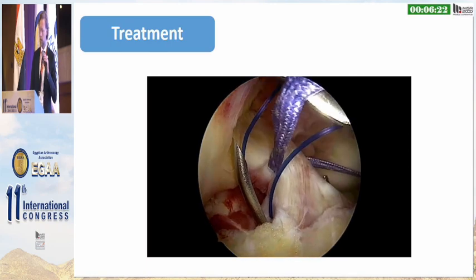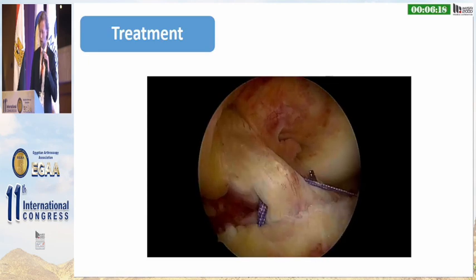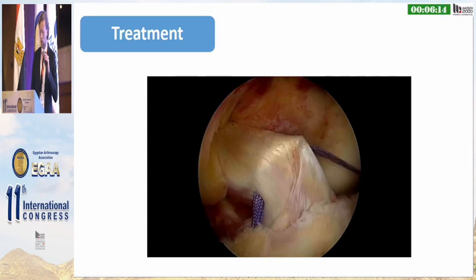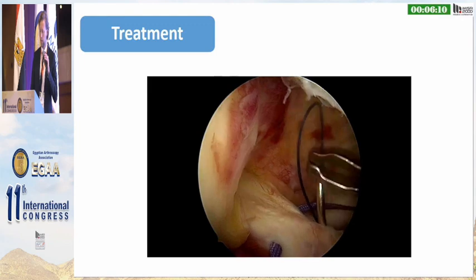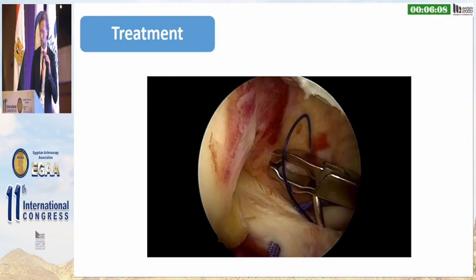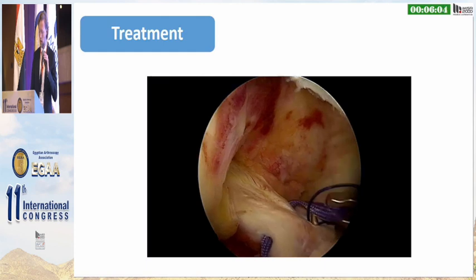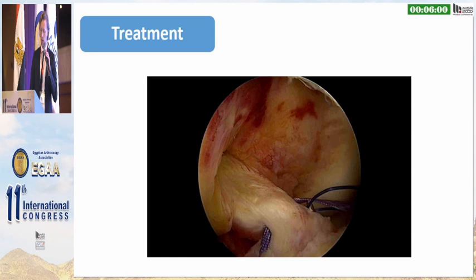We take the tape out, first on the lateral side, and then with another spinal needle here on the medial side. Grab it out, and then you can pass the tape through the tibial bone.